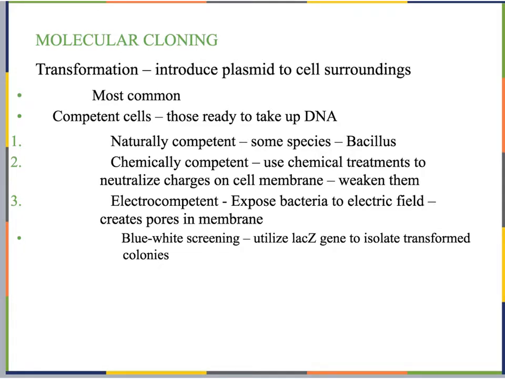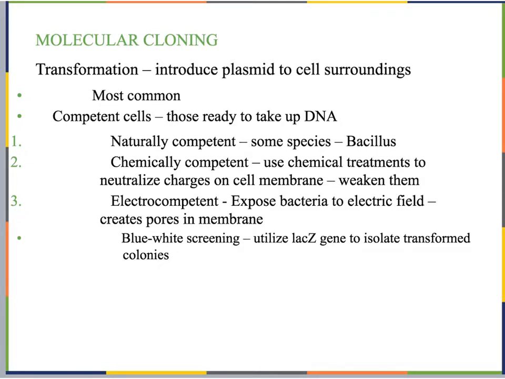So we are going to introduce the plasmid to the cell surroundings, and then that is going to get into the cell. So we take our bacteria, we take our plasmid that now contains our insulin gene, and then we're going to introduce that plasmid to the cells. And this is how we most commonly do it.